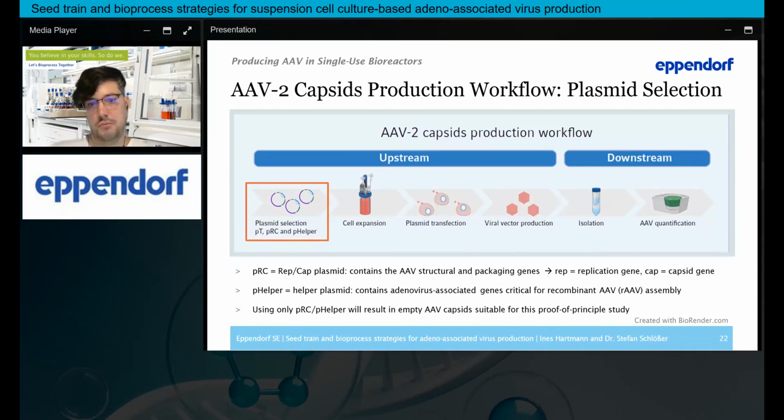And just to go through what we did in terms of the workflow. So our application specialists, as mentioned before, used basically an AAV helper-free production system without the plasmid pTransgene, so without the gene of interest. And so they only used the pRC and the pHelper plasmids in order to produce basically empty AAV capsids, which is suitable for our proof of concept study.